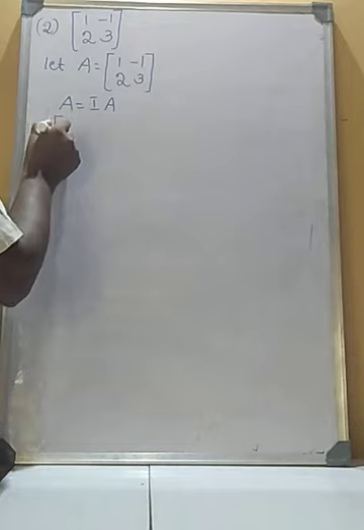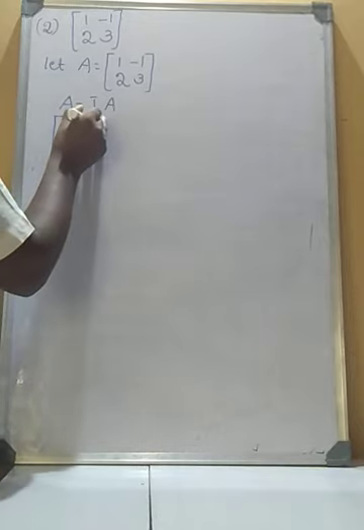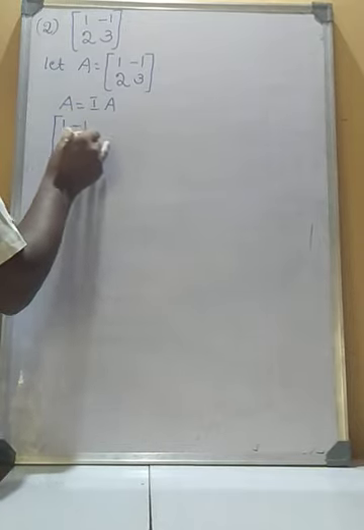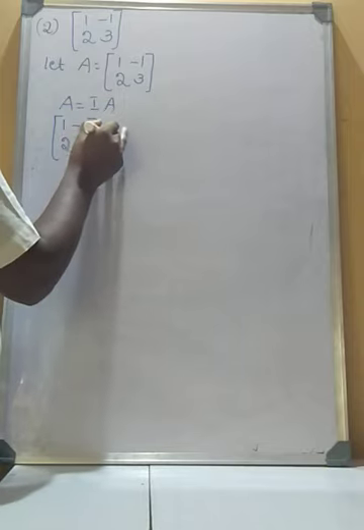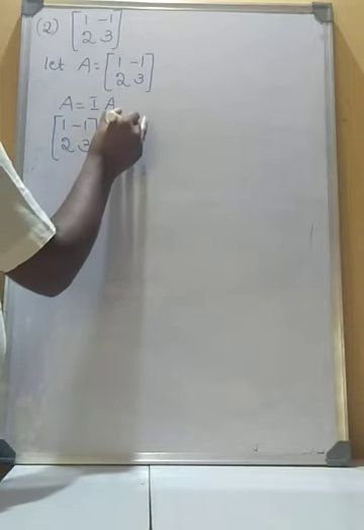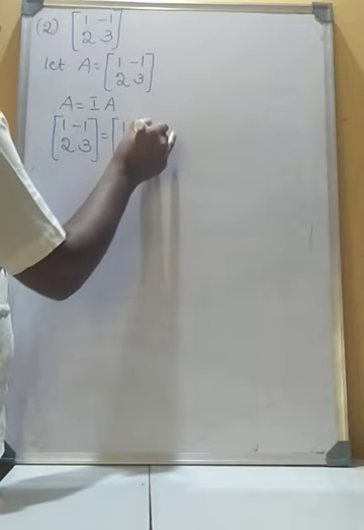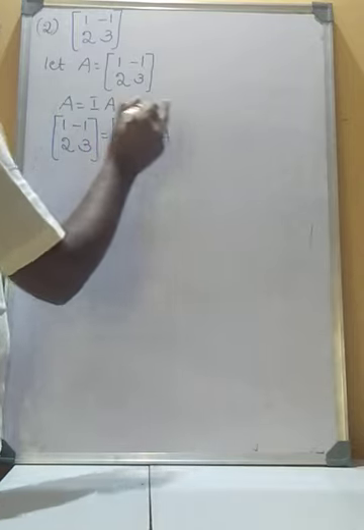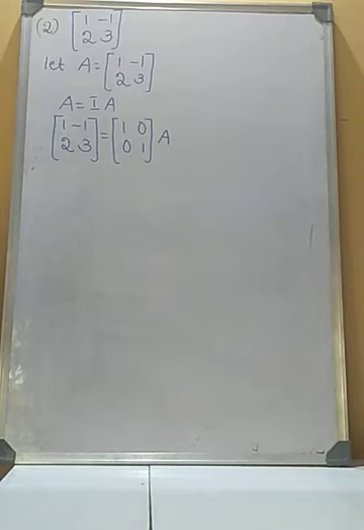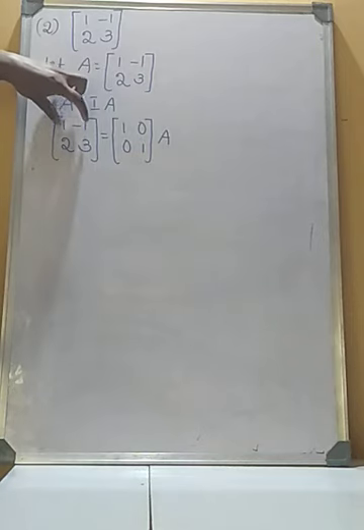Therefore A, what is A? Elements [1, -1; 2, 3] equals I, the identity matrix [1, 0; 0, 1], into A, write as it is.